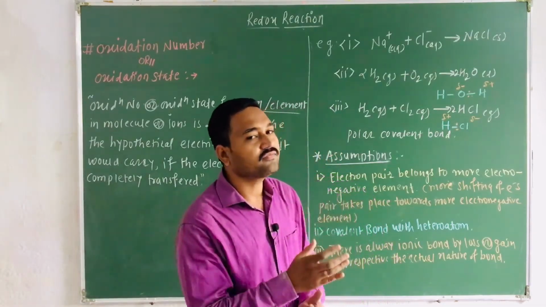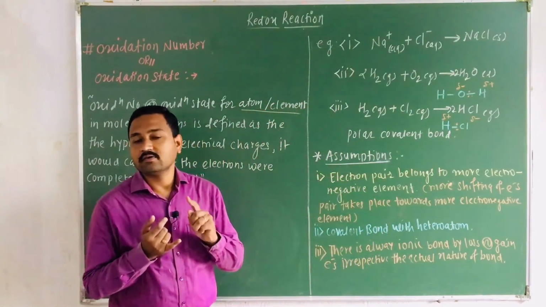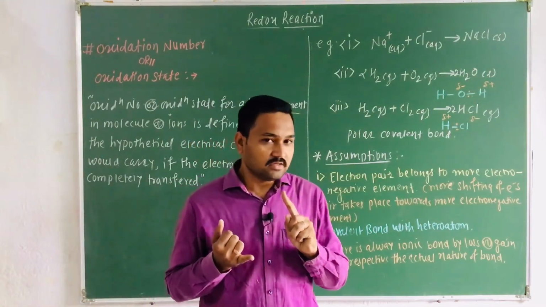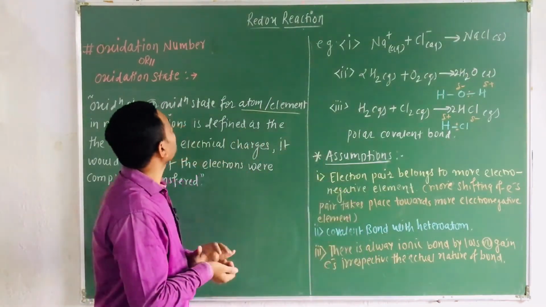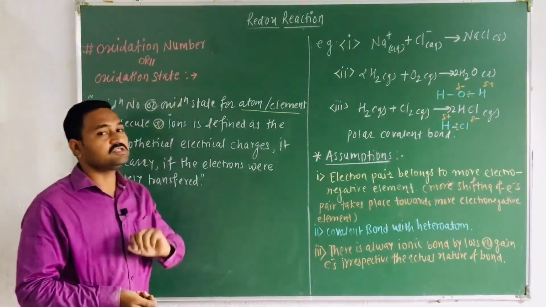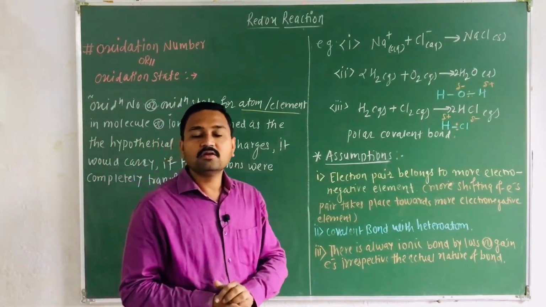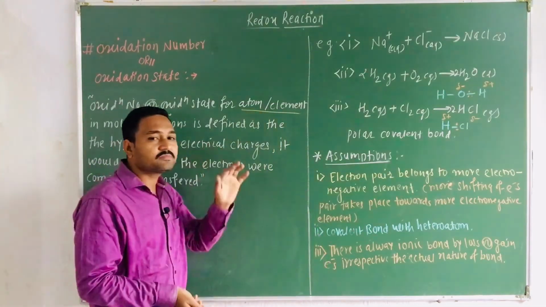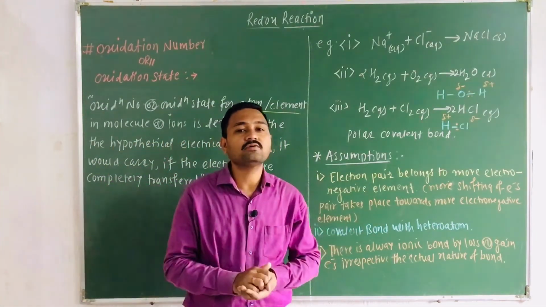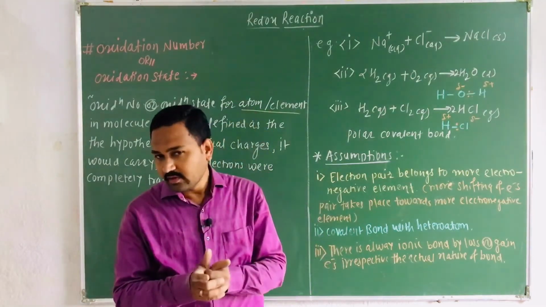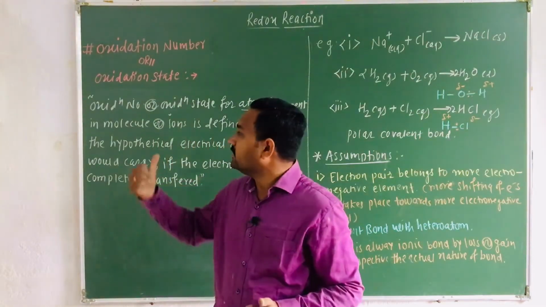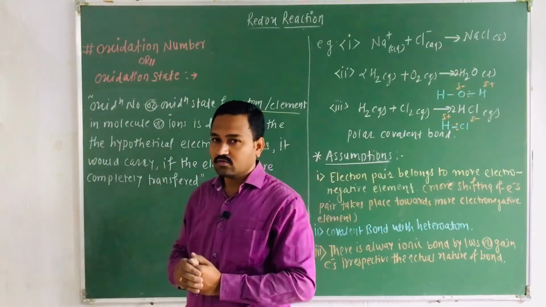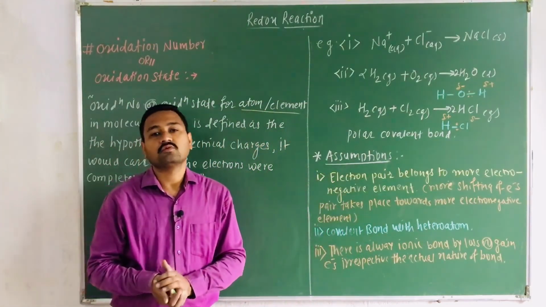Previously we defined the redox reaction by using our old and classical concept, within which we used the oxygen atom. Then we learned the electron transfer concept also. The electron transfer concept is also not neglected by your oxidation number. What we have learned can come under the oxidation state or oxidation number. So this is the importance of your oxidation number.